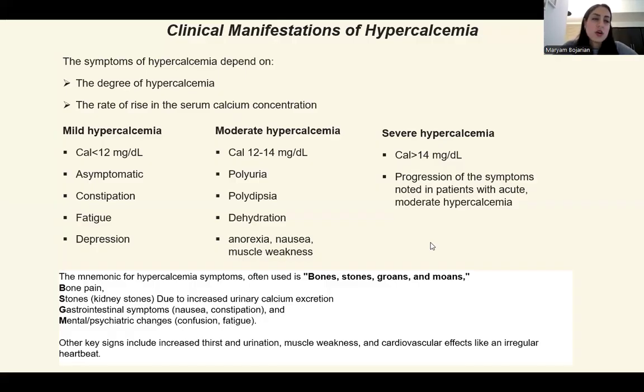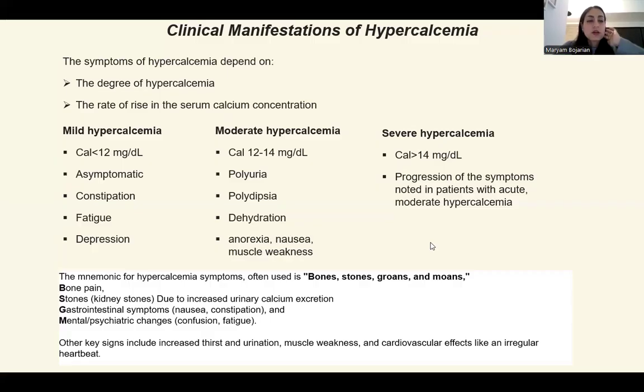Usually patients are asymptomatic, or have some fatigue, constipation, or depression. With moderate hypercalcemia, if the calcium is between 12 and 14 milligrams per deciliter, they have more symptoms, for example polyuria, polydipsia, and dehydration. If they develop severe hypercalcemia, meaning calcium more than 14, they have more severe signs and symptoms.